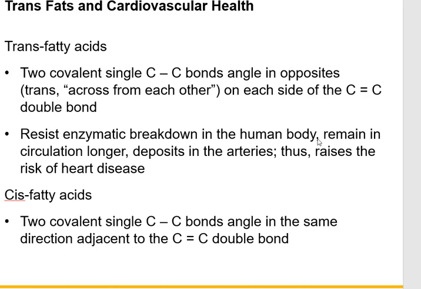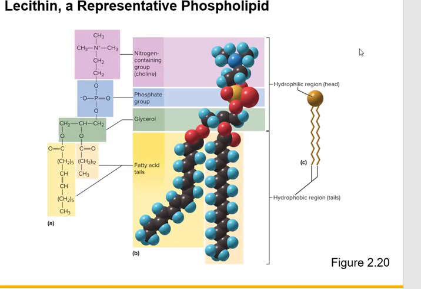You're not recycling, you're not pulling it apart to make other things that you need in your body. And so they found that the trans fatty acids would deposit in your blood vessels, especially clogging up your arteries and causing strokes and things, heart disease, heart attacks. So that's why we have banned trans fatty acids, because it's just unhealthy.